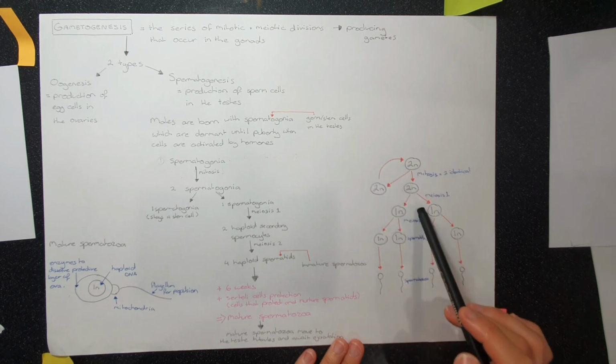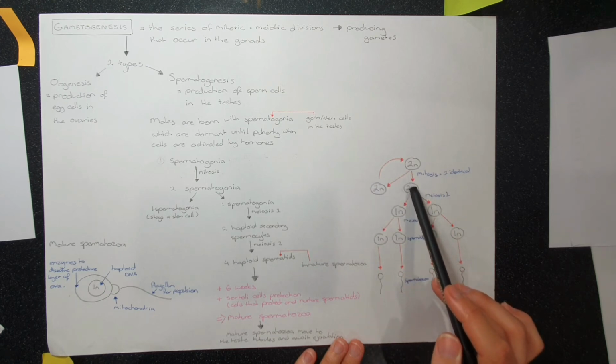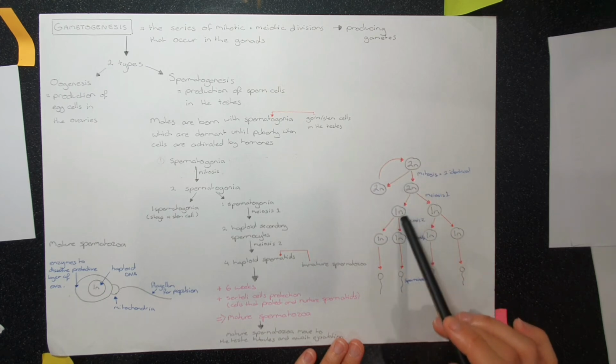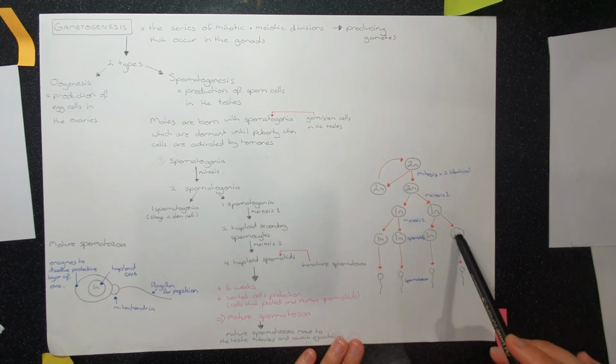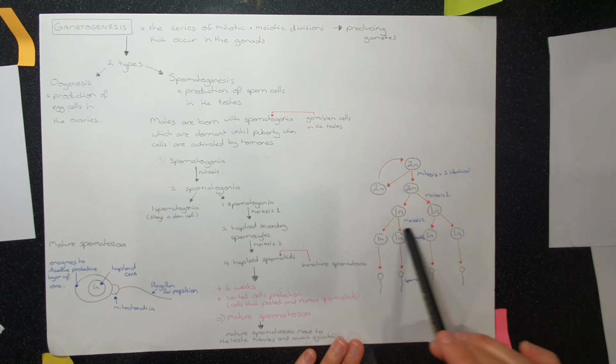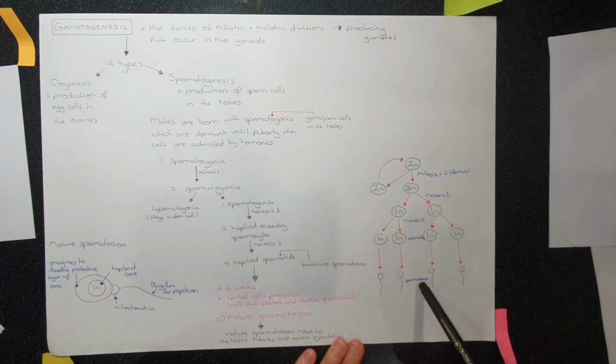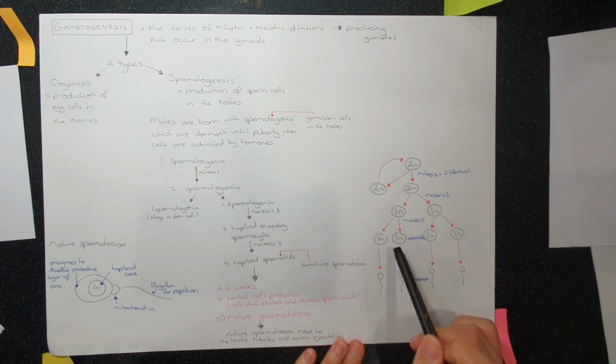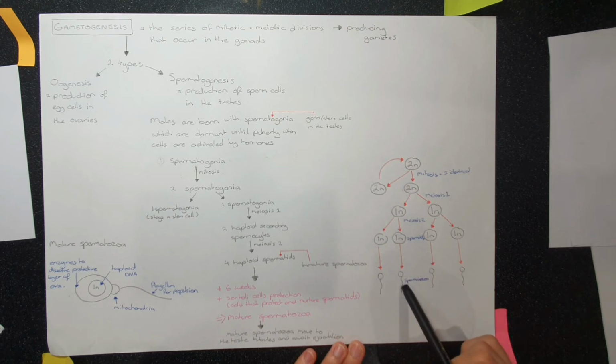So after this process of mitosis to create 2 cells, meiosis to create 4 spermatids, we now have these spermatids, and we don't call them spermatozoa or sperm for a very good reason. They don't have all the parts that are required for them to complete their mission as sperm cells.